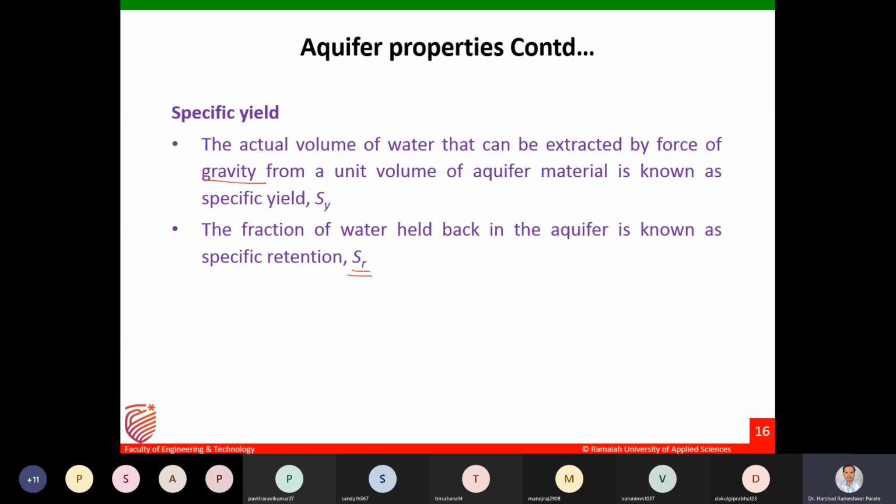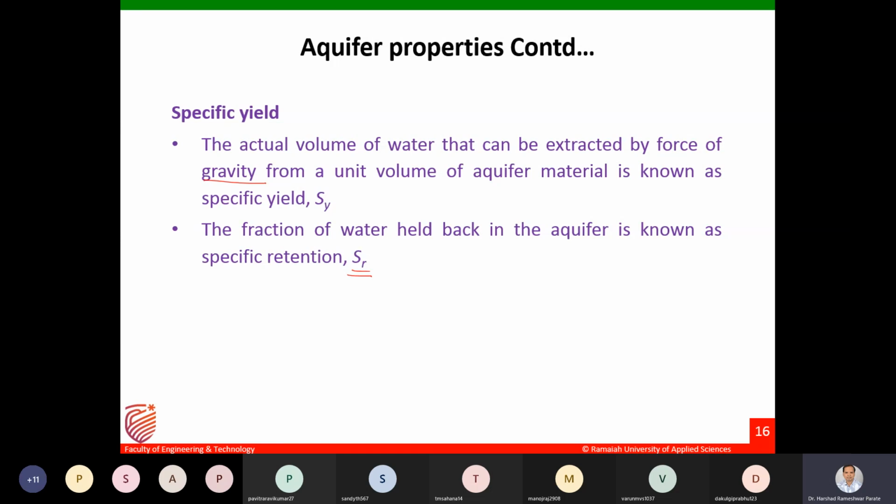All the pores present in your sponge get filled with water. Now when you lift that sponge, what will happen? Some quantity of water will fall down by the force of gravity. Correct? The quantity that is falling down from that sponge due to gravity is the specific yield of that sponge.